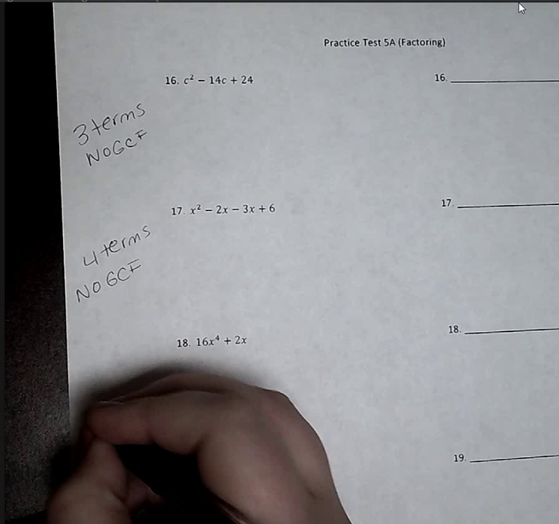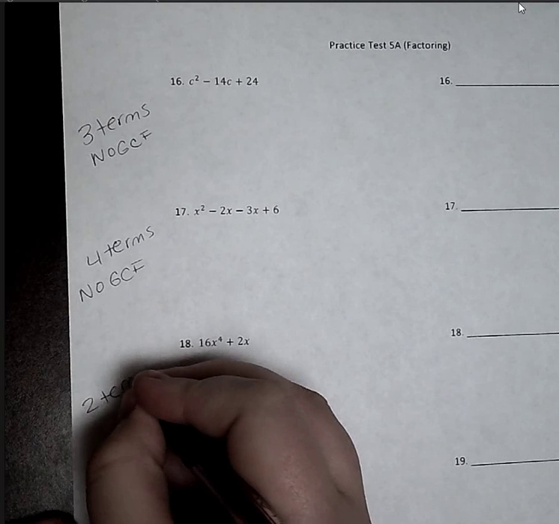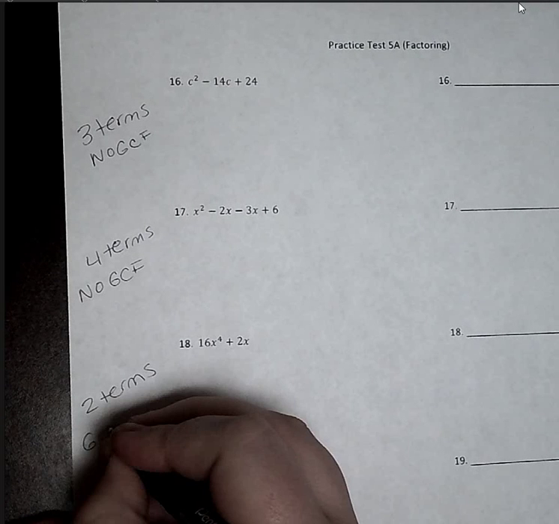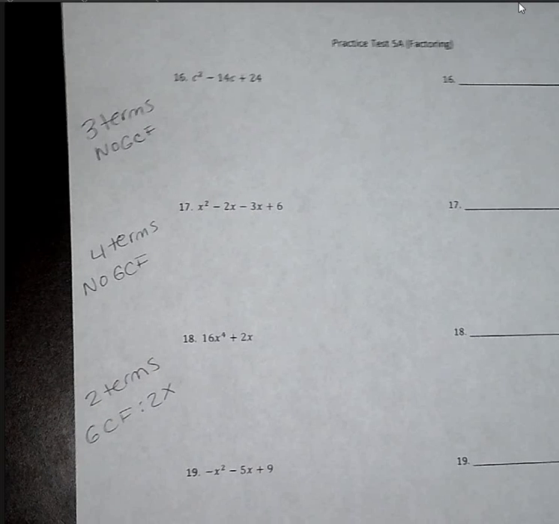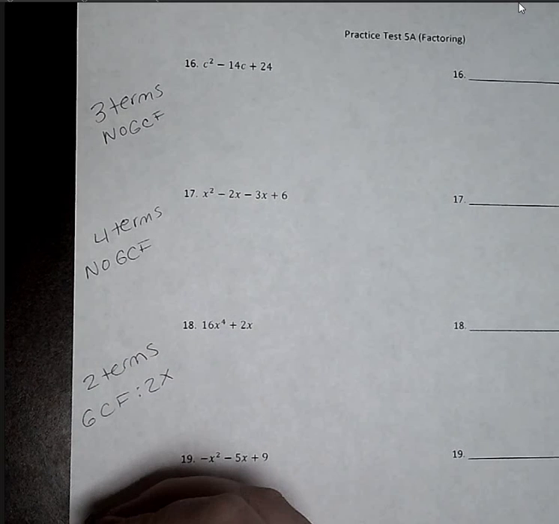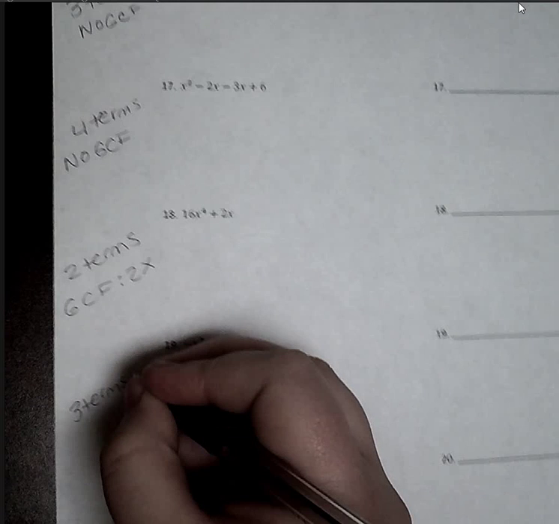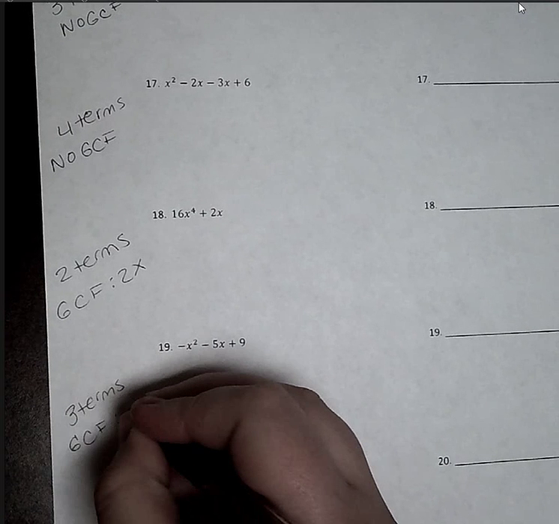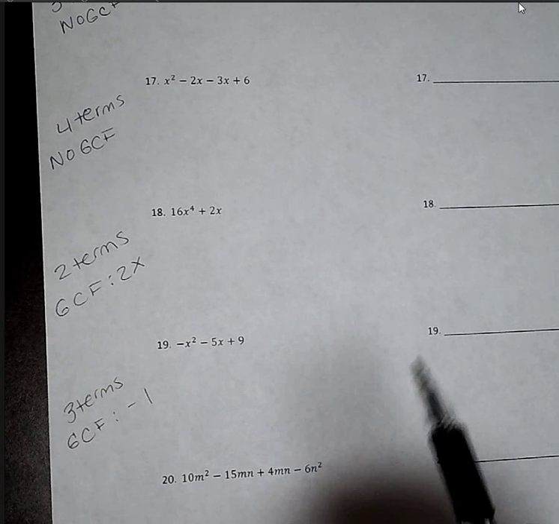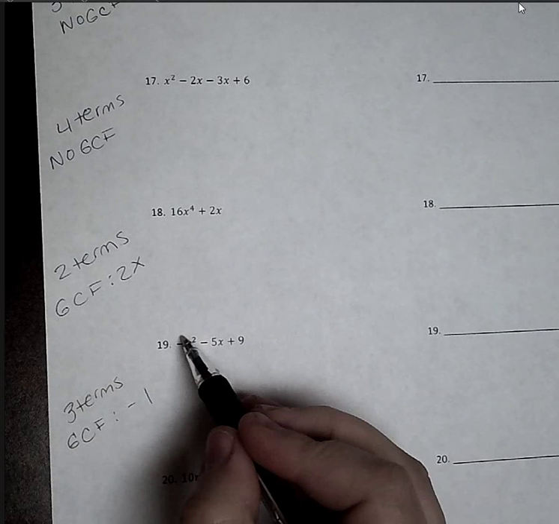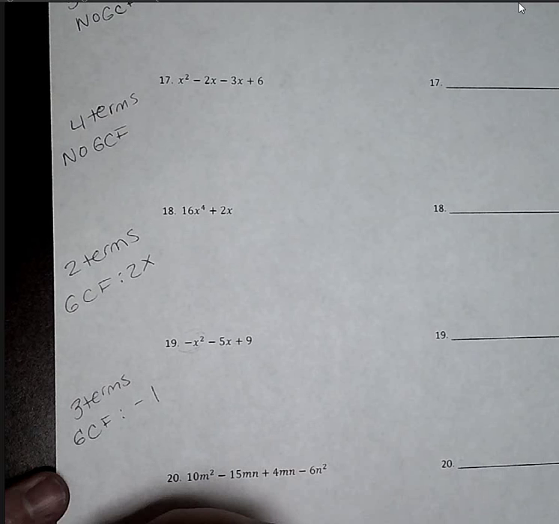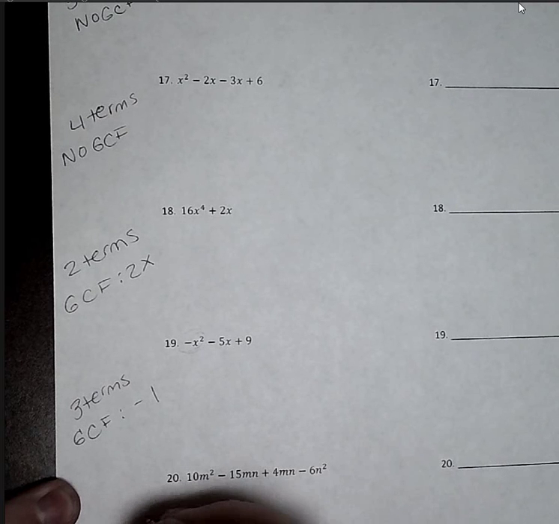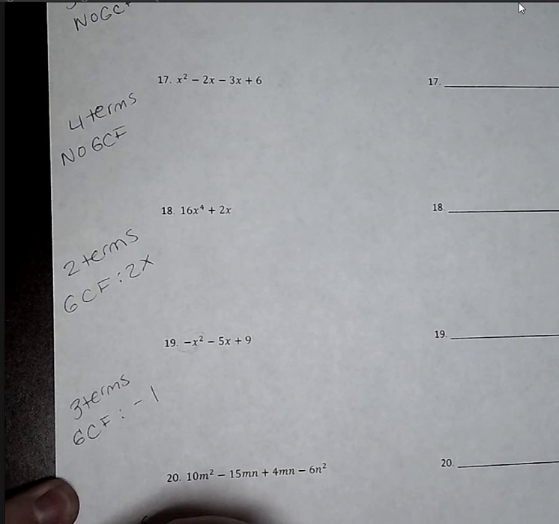I have 2 terms with a GCF of 2x. Here I have 3 terms with a GCF of negative 1. Remember, guys, you never want that first term to be negative. So if it is, you have to pull out at least a negative 1. And then on number 20, you have 4 terms, and there is no greatest common factor.